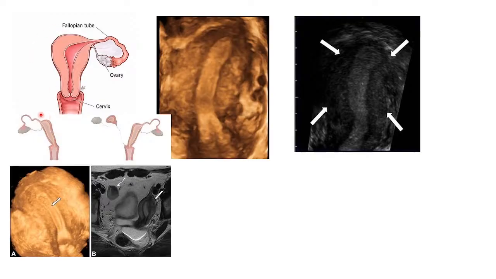Look how it appears on 3D: it appears like a banana. On 2D, you can see it appears elongated, like a banana. This is how a unicornuate uterus appears.